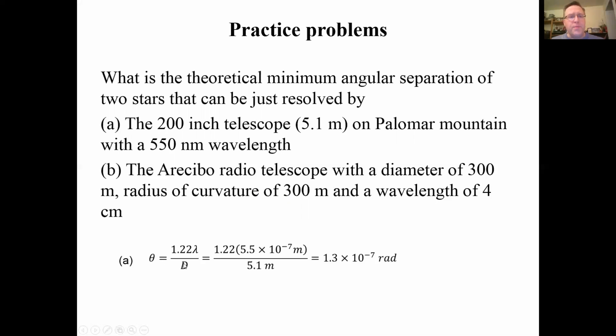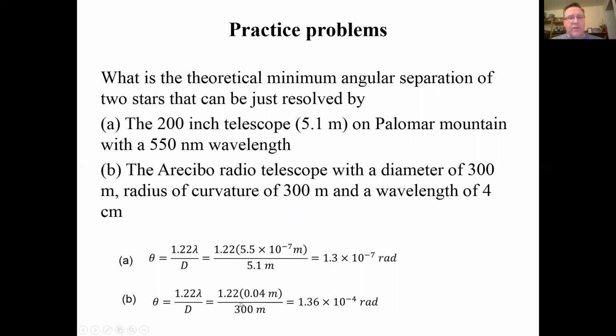For the first part, we're looking for the minimum angular separation. The angle is 1.22 lambda, our wavelength, divided by d, the size of the 200-inch telescope, and we get 1.3 times 10 to the minus 7 radians. Make sure you keep your units correct. They should cancel out, and you should get a unitless value of radians.